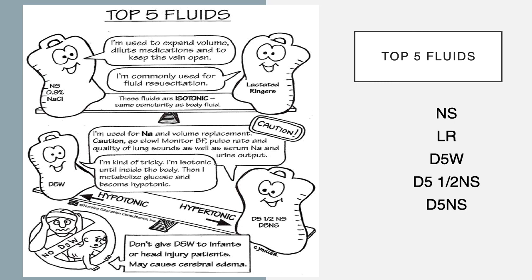The little cartoon here just illustrates the top 5 IV solutions you're going to see given in the hospital: normal saline, Ringer's lactate, D5W, D5 half NS, and D5 NS.